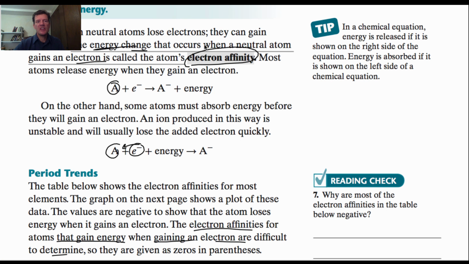It's the energy change that occurs when a neutral atom gains an electron, all right? So basically, if a lot of energy is given off when this atom here gains an electron, then it has a large electron affinity. Affinity basically just means attraction.